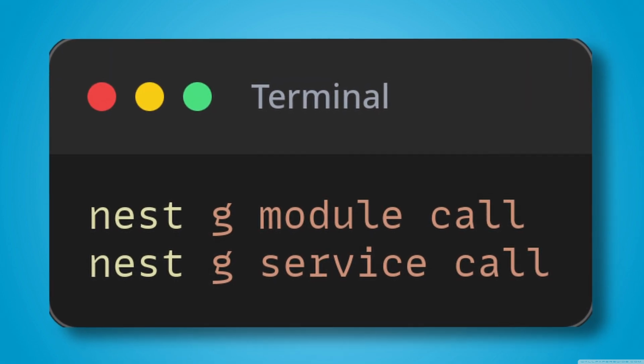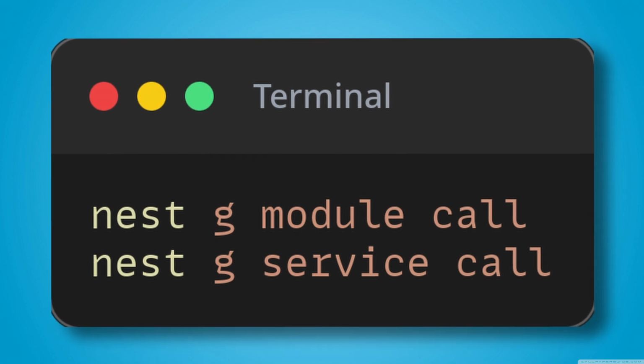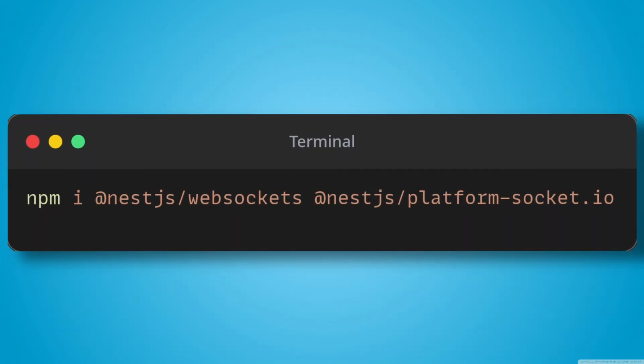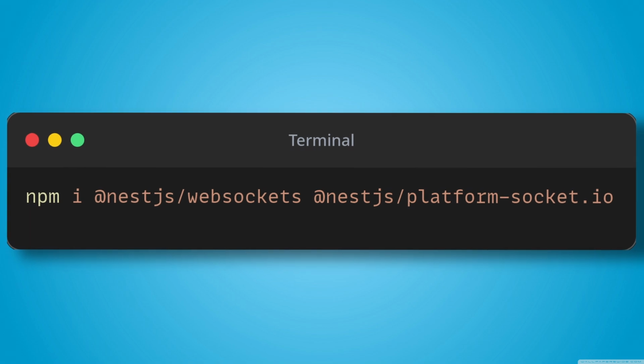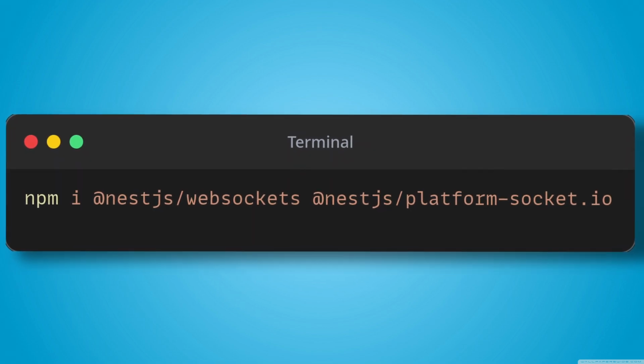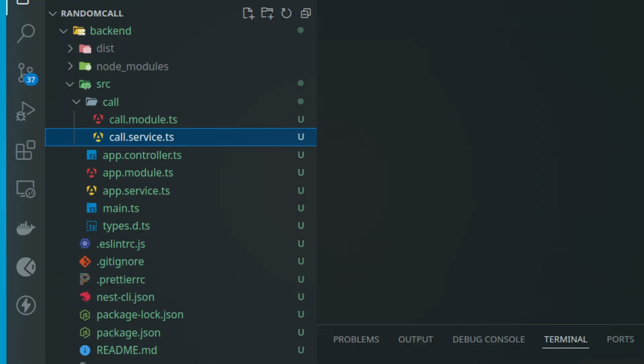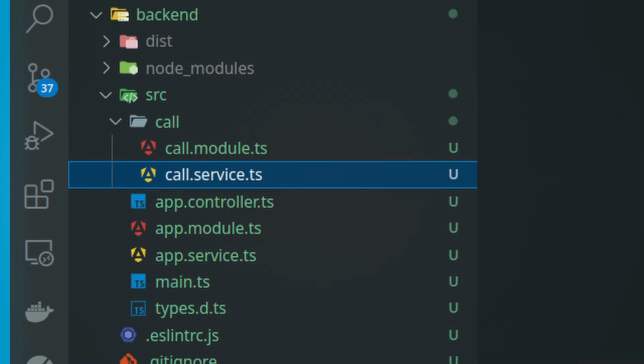And for the controller, it's not required because we are not using an HTTP REST API. Also we need to install some dependencies in order to create a WebSocket server. Run the command npm install @nestjs/websockets and @nestjs/platform-socket.io. By now your backend project should look like this.